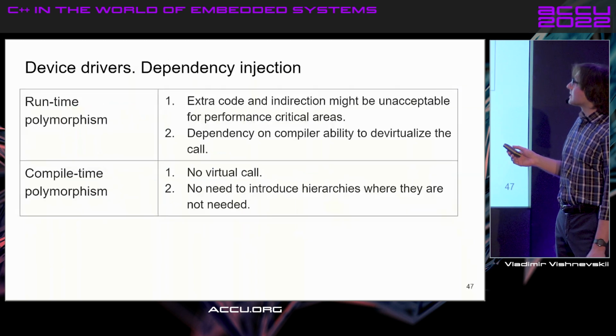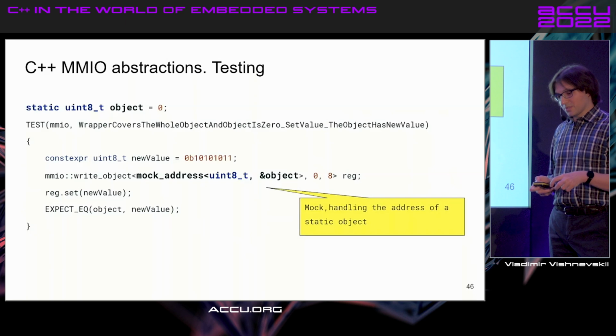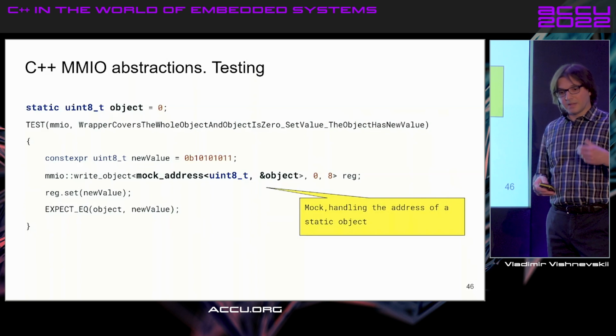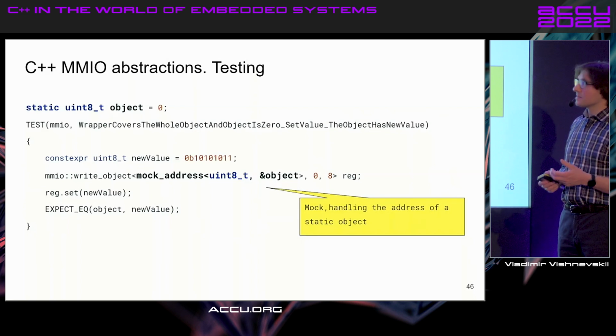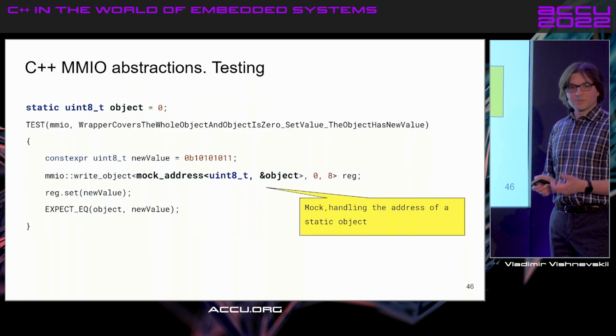So having this access to particular registers isolated, these modules can be used to develop more complex software, and this software that depends on these abstractions can be developed using the test-driven development approach.